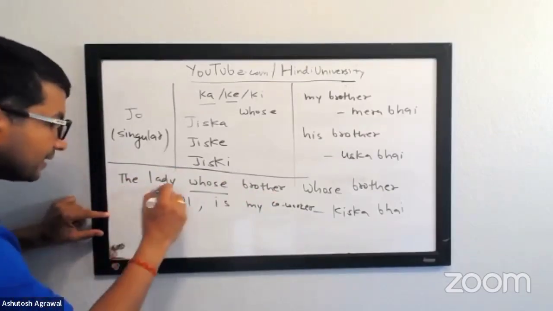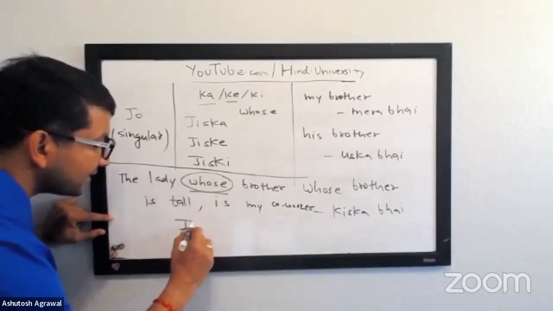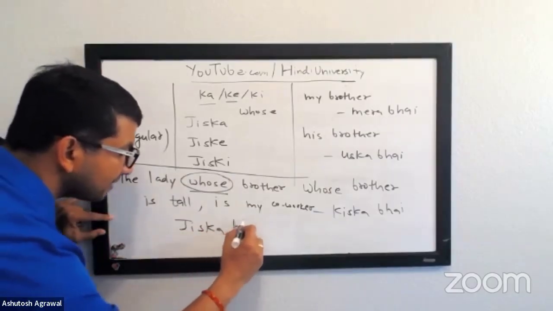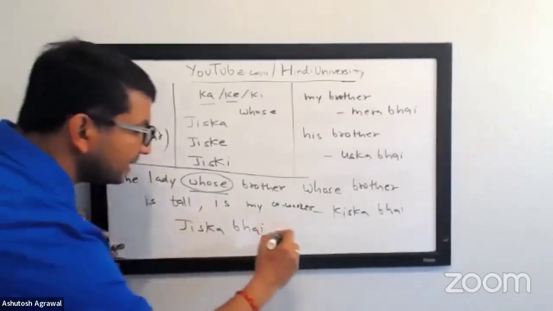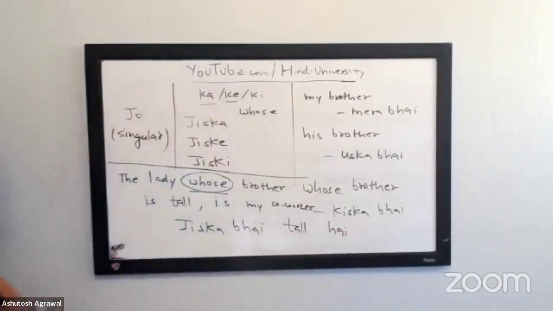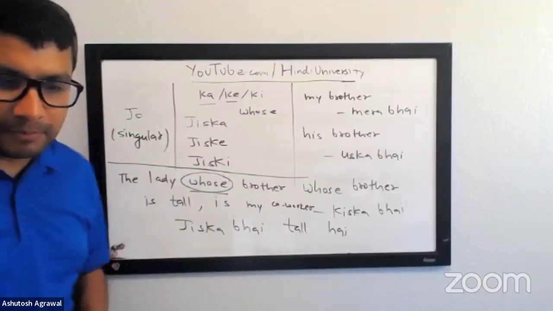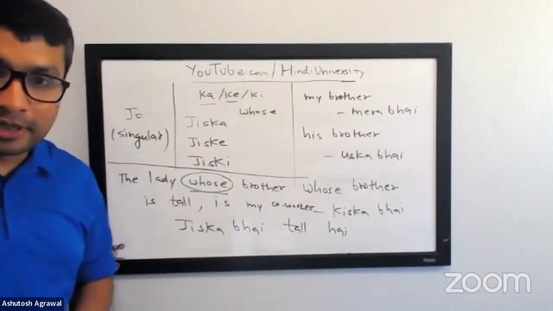So you will say lady, you will say here जिसका भाई tall है. Okay, don't worry about the main clause, worry about the subordinate clause. जिसका भाई tall है.